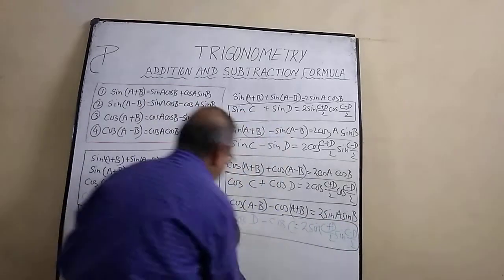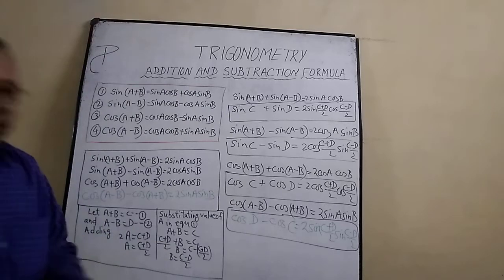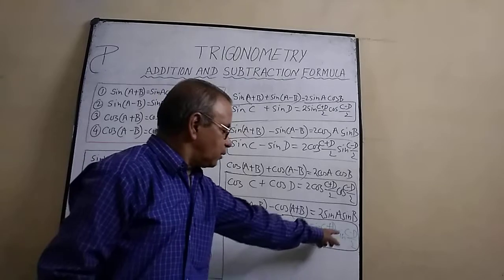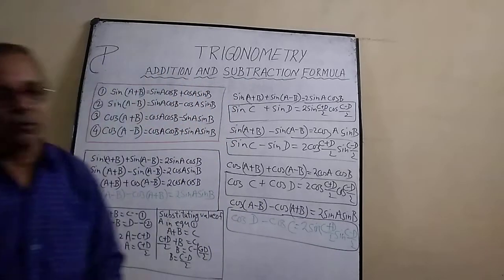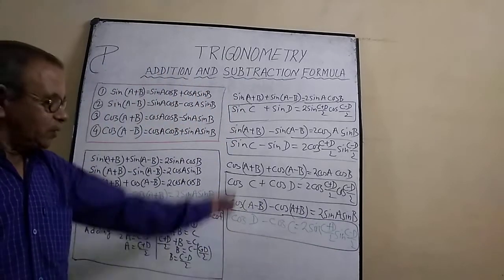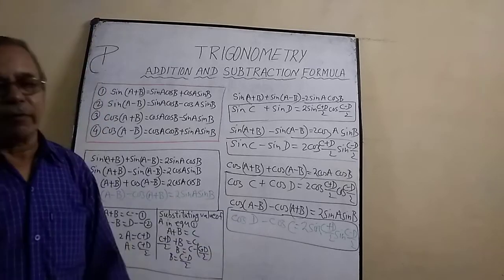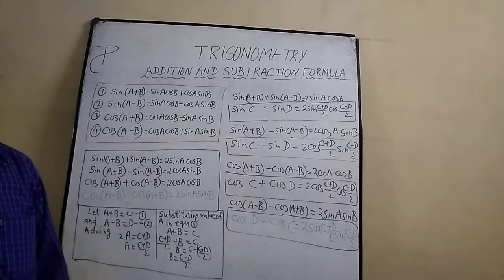If we wish, we can write sin C minus sin D is equal to 2 sin of C plus D upon 2 into sin of D minus C upon 2. So we can solve with the help of this, and be careful, this type of question is asked in the examination also.